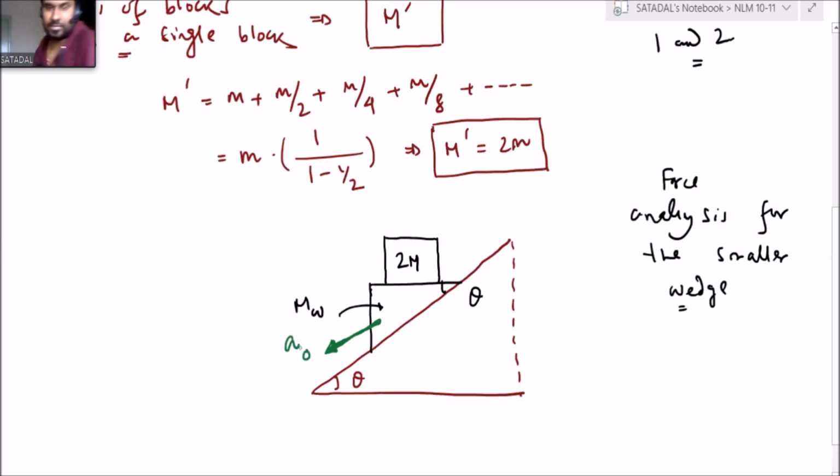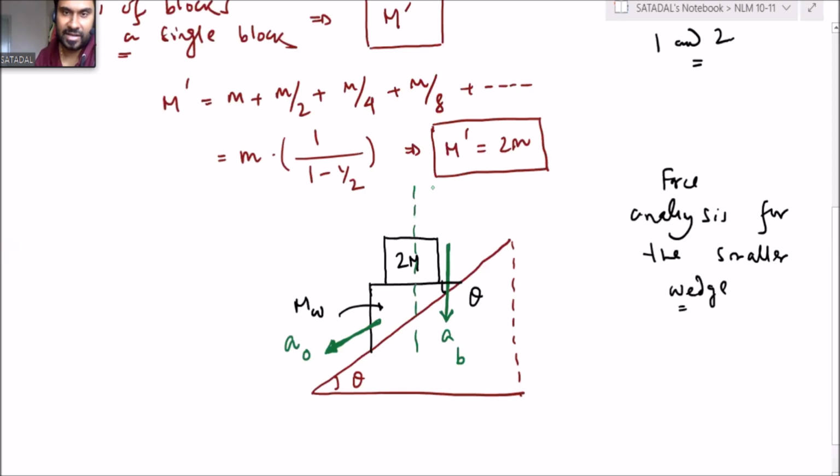This is A0. And in which direction is the block accelerating? In this direction. If you stand on the ground, what will you see? That this wedge is coming down along the surface and the block is moving along this line.